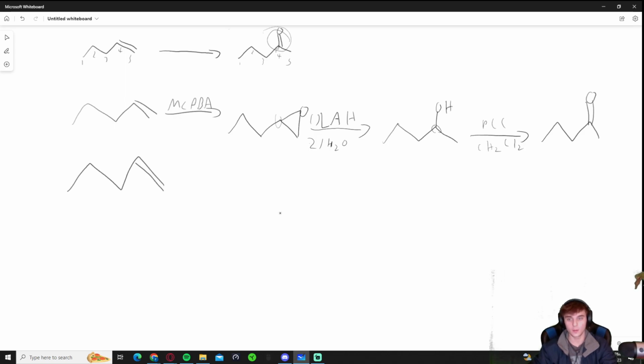The way that I would do it is just by hitting this with, what do I hit it with? H2SO4 and heat. Now what this does is basically it skips this step completely and just makes this an alcohol.